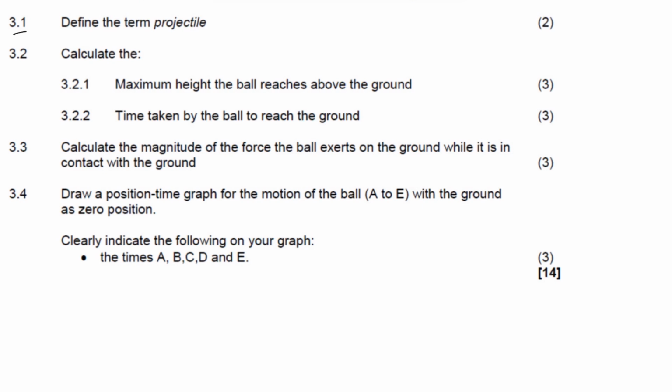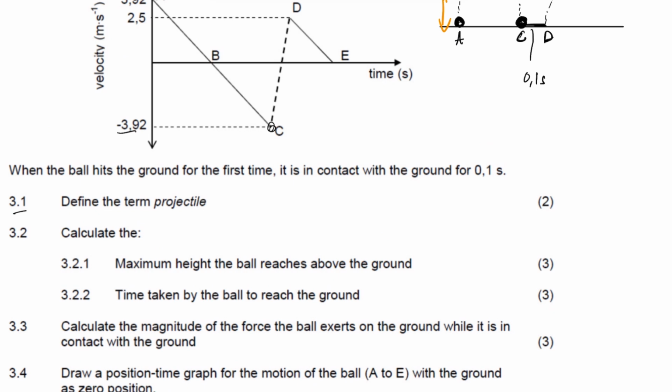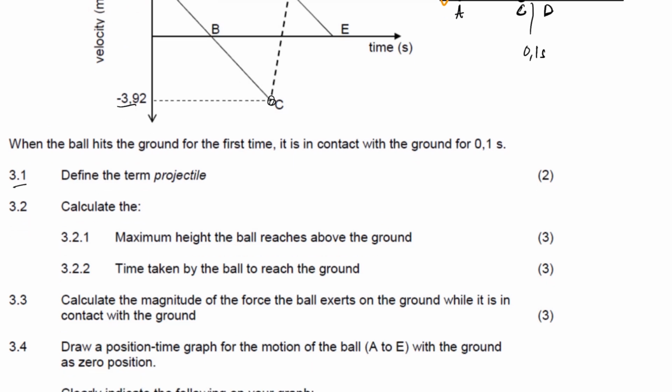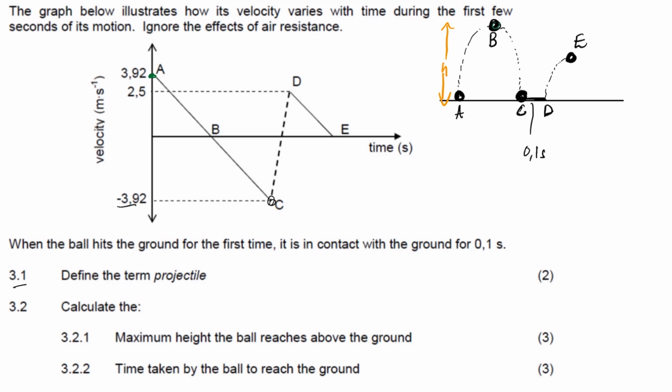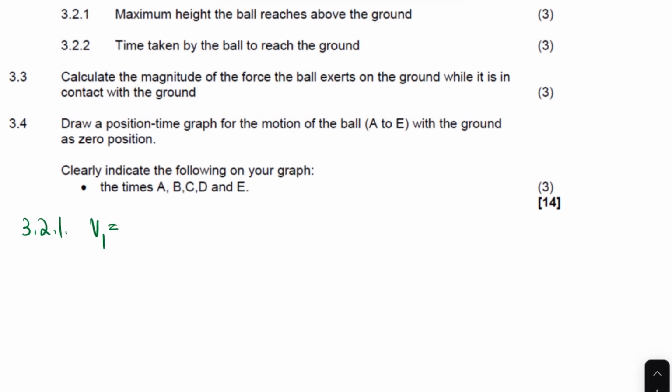So taking that segment, 3.2.1, our initial velocity, which we're given from the graph, is 3.92 meters per second, and the maximum height, when it gets to B, the final velocity is 0, and the time.